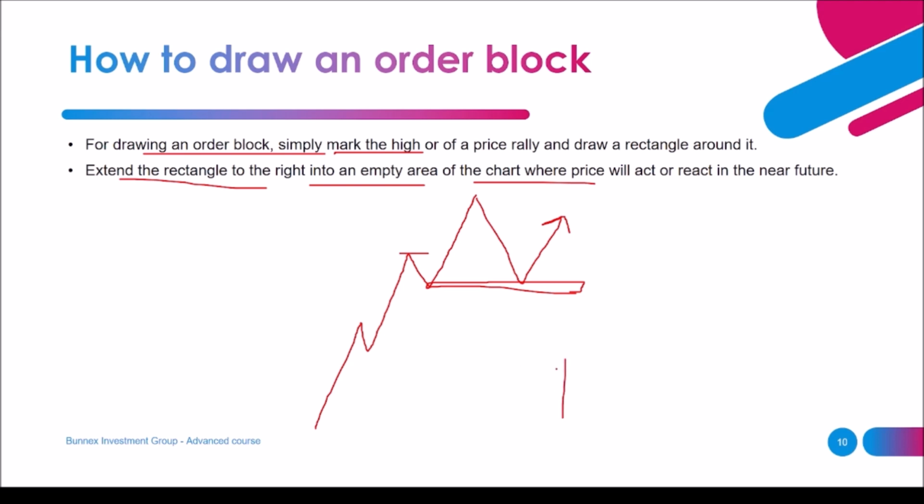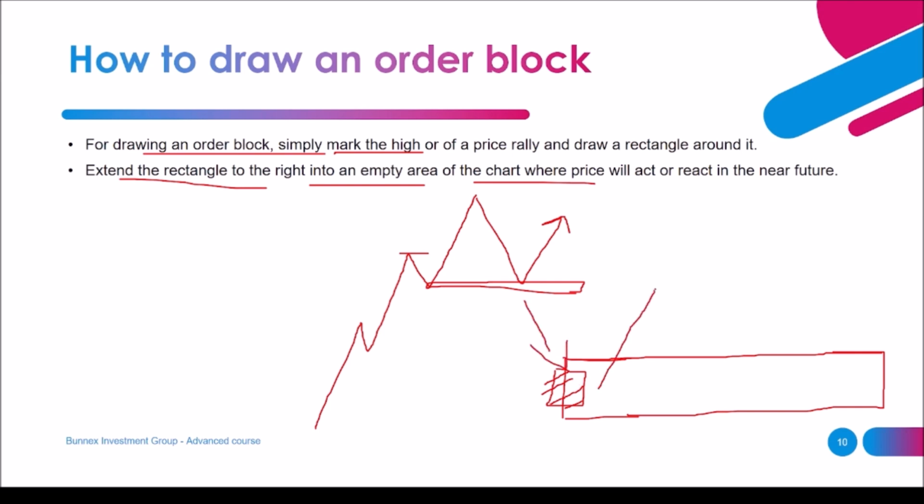If we had a candle like this one, we take the high and the low of this candle with a rectangle and protrude it into the empty area or into the future, where we expect to see, in this case, this will be the last candle before this was a downward move, and then the market makers decide to enter. This is the last candle, and then the market goes up. We would expect it to go and add more orders.